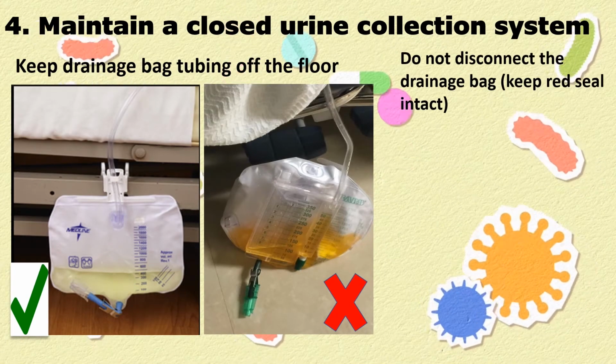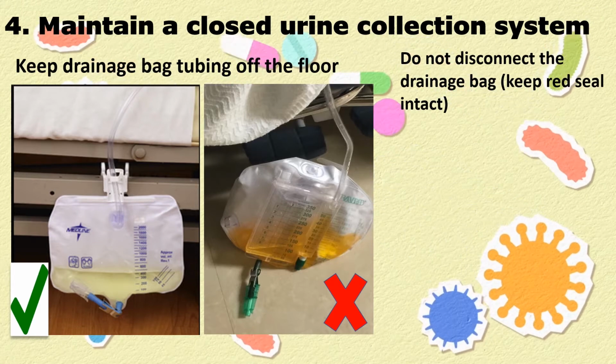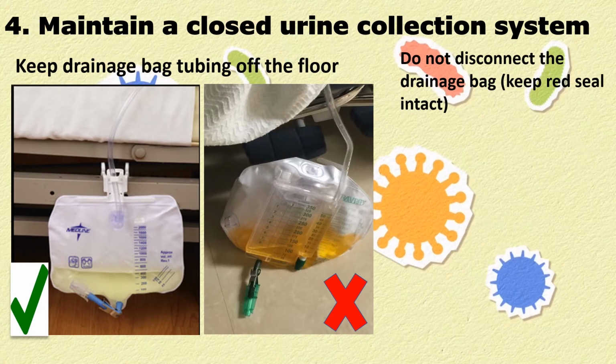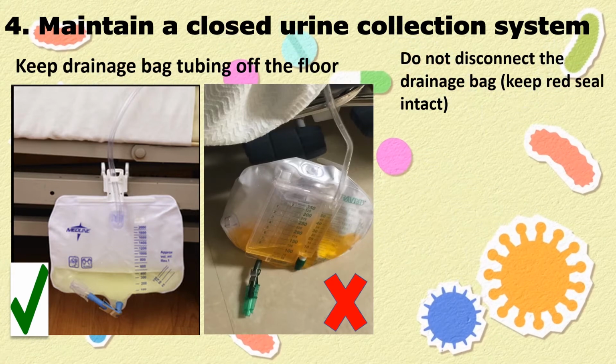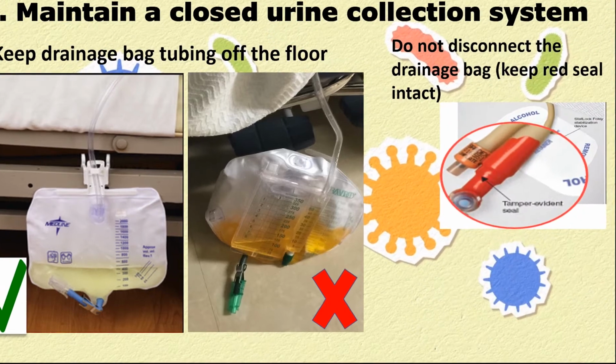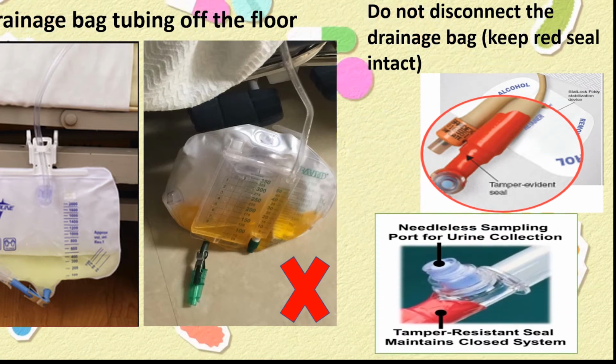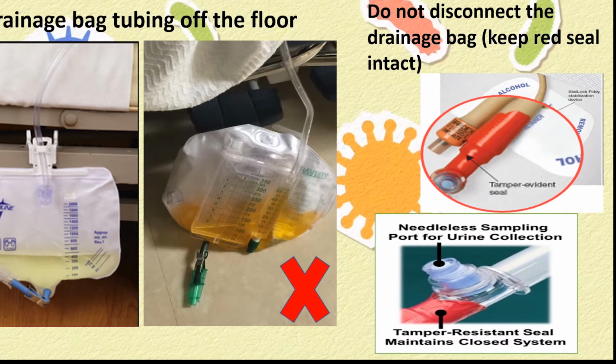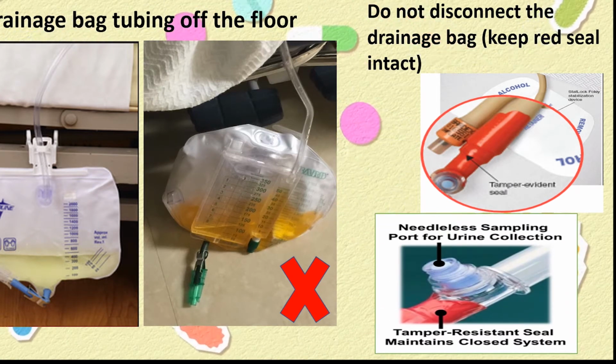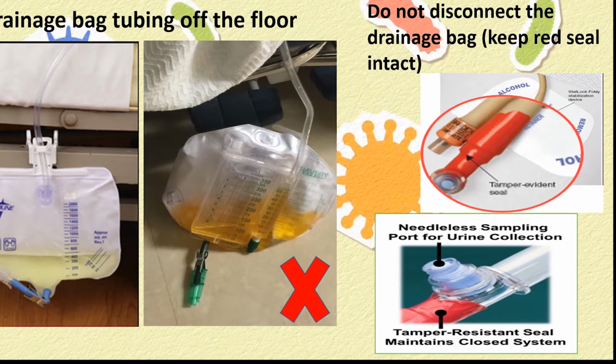Second, we should not disconnect the drainage bag, and we must ensure to keep the red seal intact. Keeping the red seal intact helps maintain a closed urine collection system, and we can access the needleless sampling port for urine collection.